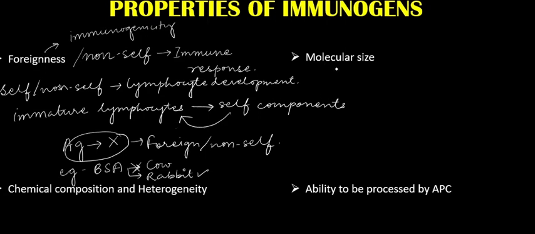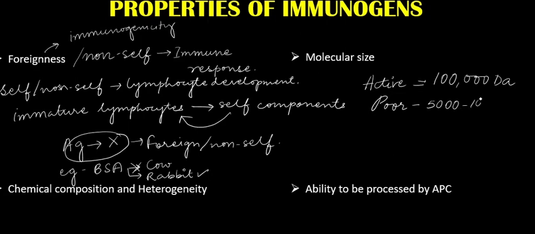Now let's talk about another property, the molecular size. Active immunogens have a molecular size of around 100,000 Daltons, while poor immunogens have a molecular size in the range of 5,000 to 10,000 Daltons.